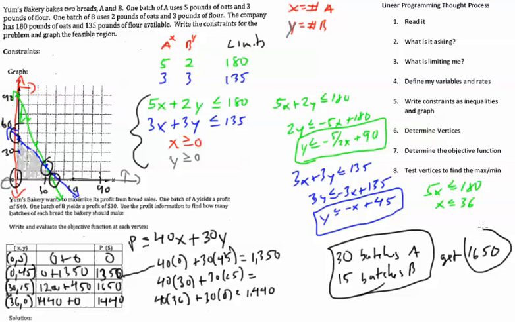I'll get $1,650 of profit. And that's my solution. This is my final solution. 30 batches of A and 15 batches of B will maximize my profit defined by the objective function given my constraints.